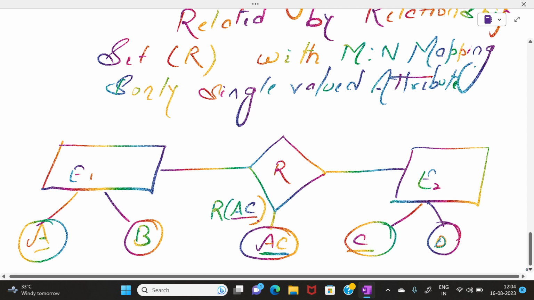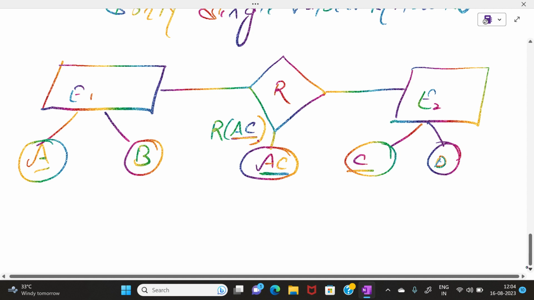We already have seen that if we have a multi-valued attribute, then both together act as a single candidate key for the relationship set R. Now, let's say we need to combine these two together. So if we have combined E1 and R together, and E2 and R together, both have similar conditions. For E1 and R, we have A1, A2, A3, and let's say it is combined with C. So for C, we have A here as the candidate key and AC here as the candidate key, definitely.